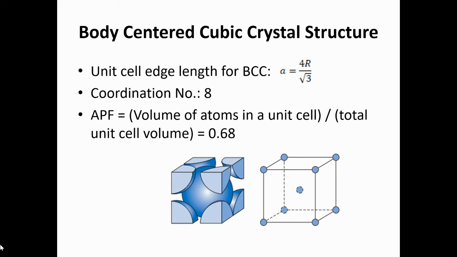The coordination number for the BCC crystal structure is 8, as each center atom has its 8 corner atoms as nearest neighbors. Since the coordination number is less for BCC than FCC, its atomic packing factor is also less than that of the face-centered cubic crystal structure. The atomic packing factor for BCC is 0.68.